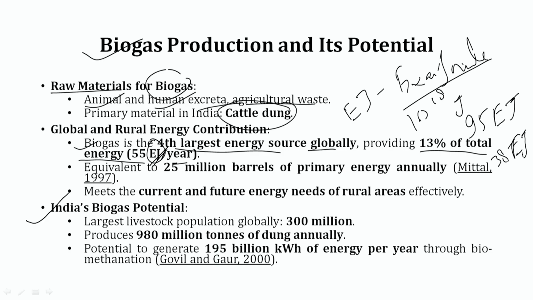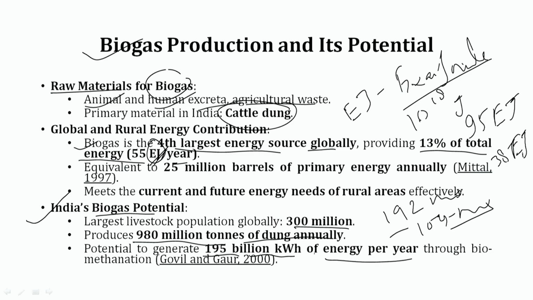Here, if we are concerned with India's biogas potential, as per the 20th livestock census held in 2019, the cattle population in India is around 192 million, while the buffalo population is around 109 million, making it around 300 million cattle and buffalo, which can produce around 980 million tons of dung annually, which can generate 195 billion kilowatt hours of energy per year.